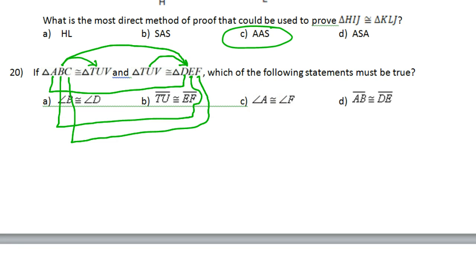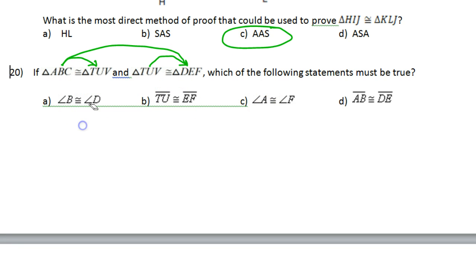For example, let's just look at these options one by one. Is B congruent to D? No, B is in the middle, D is first. Is TU congruent to EF? TU is first, and EF is second, so no. Is angle A congruent to angle F?